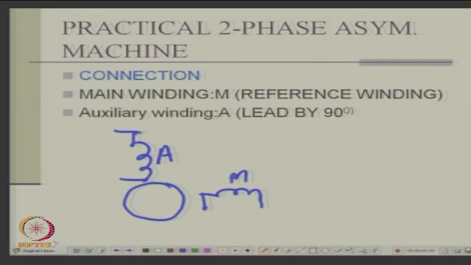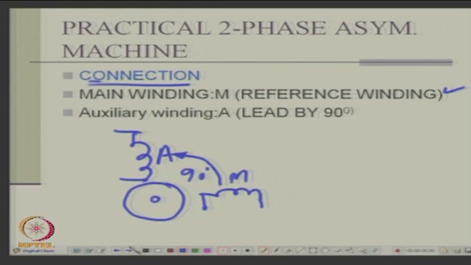This is a practical case, squirrel cage rotor, and the connection is: the main winding is the reference winding, and the auxiliary winding will lead by 90 degrees. This is a practical case that you will always be confronted with.